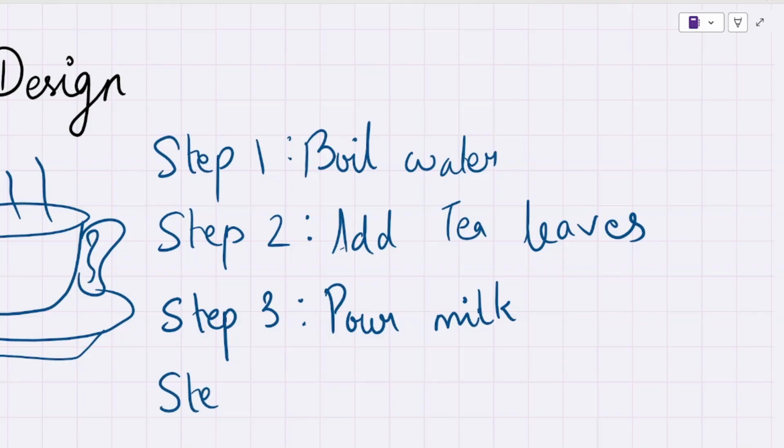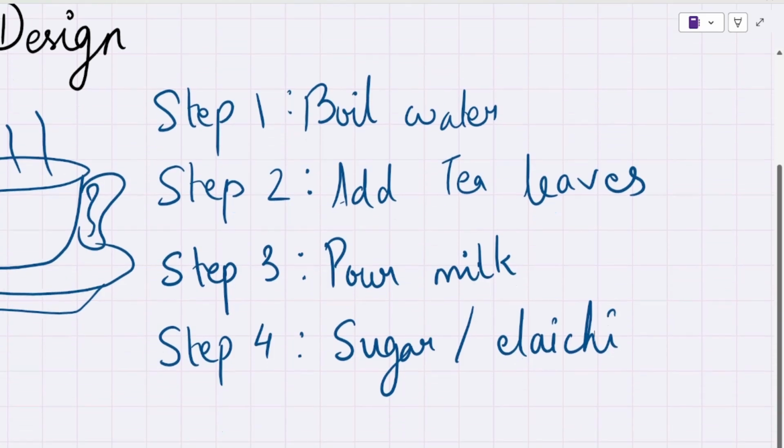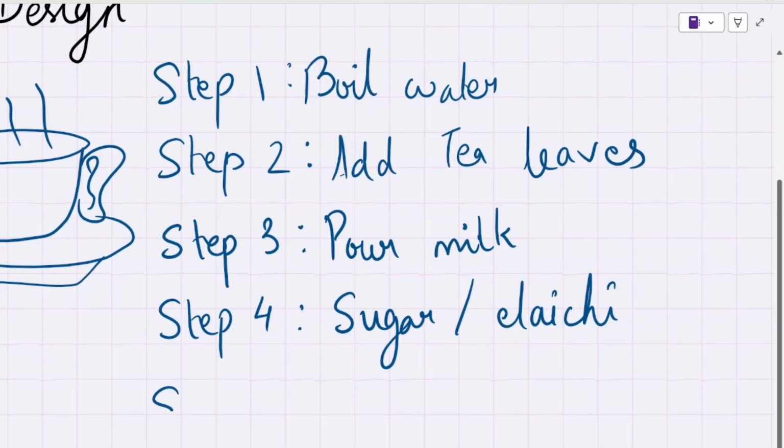And what is in the next step? You can add sugar. Again, this is also optional. You can add sugar if you want to. If you want elaichi, you can add that, or you can add both if you want to. Then, what is the next step? And once all this is done, your tea is ready to be served.